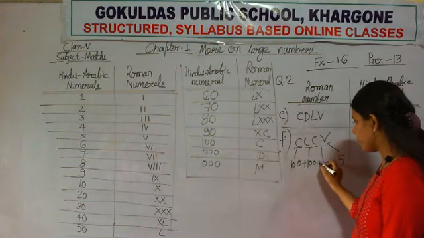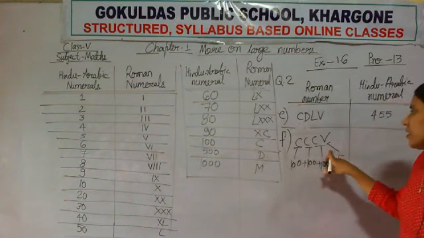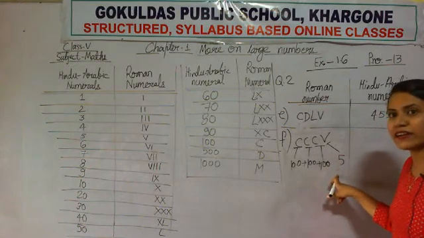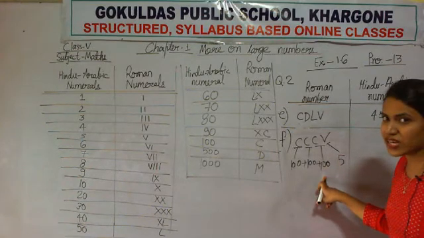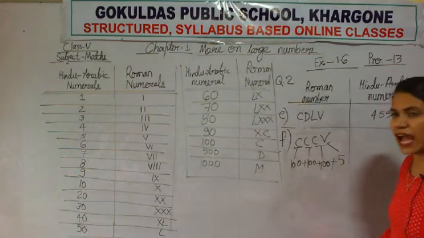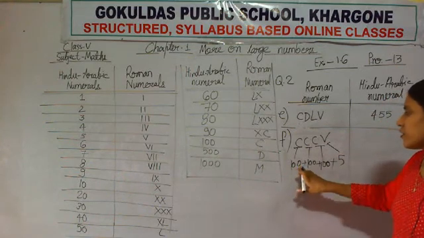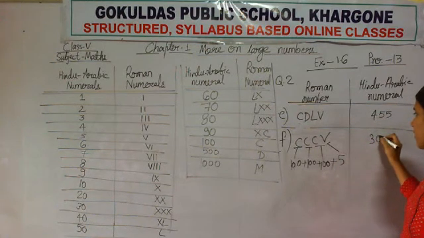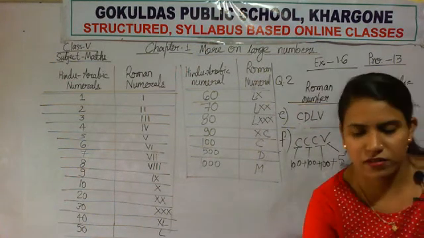Here 5 is smaller than 100 and it is written at the right place to the larger number. So it also shows addition. So this means 100 plus 100 plus 100, 300, and plus 5, 305.